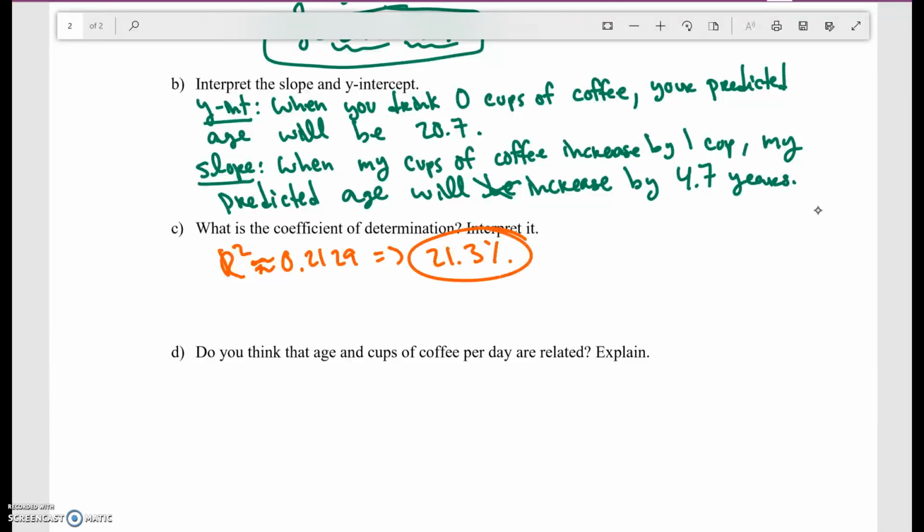Remember that this tells you the amount of variation.